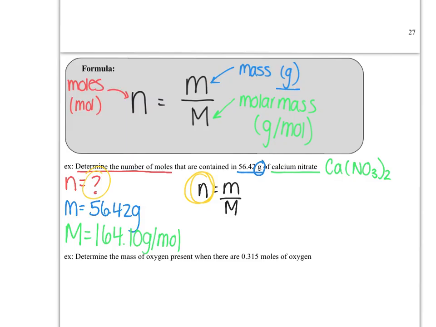So we're going to sub in what we know. We know that the mass is 56.42 grams, and we're going to divide by the molar mass of 164.10 grams per mole. When we punch that into our calculator, we get that n is equal to 0.3438 moles.